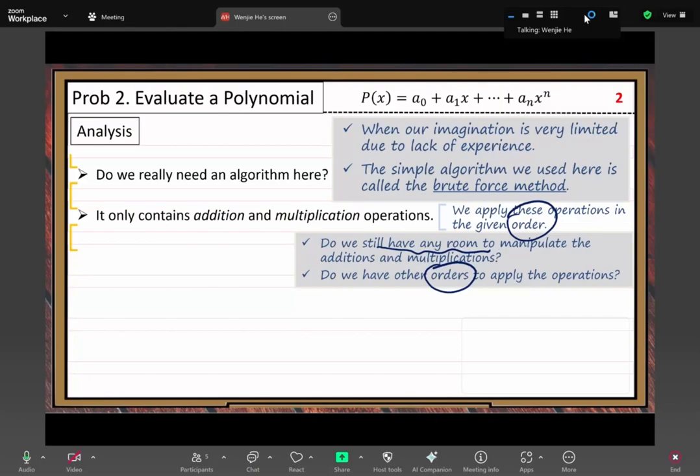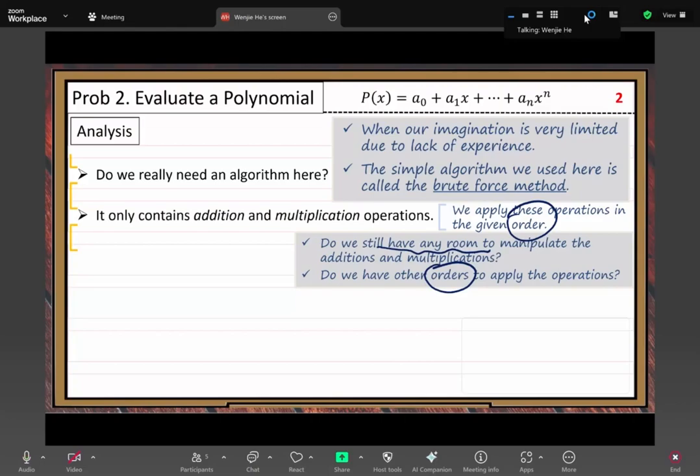We have a certain number of additions and multiplications, but we have many different orders in which to apply them to get a correct answer. So there are different orders we can use to evaluate the polynomial.